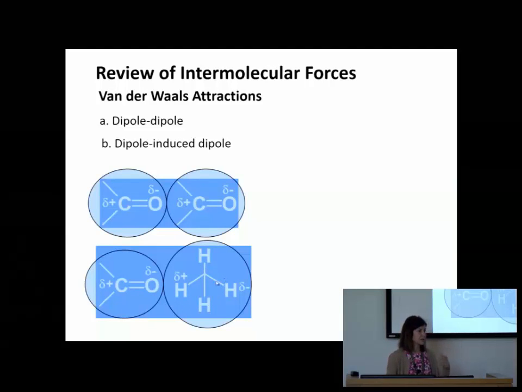So when a polar molecule comes by a nonpolar molecule, what we have is somewhere where it's induced to have a dipole. It's a temporary thing. It's very weak. But the negative part of the carbonyl is going to push the electrons to the other side of our molecule and cause it to temporarily have a positive side and a negative side. It's very weak. It's very temporary. Once this floats by, it's very easy to take apart. And then here's our induced dipole.